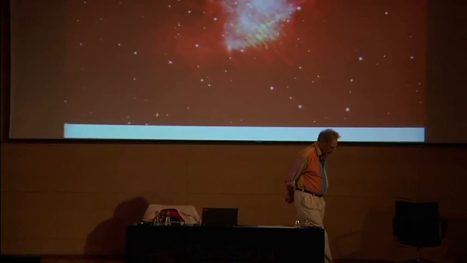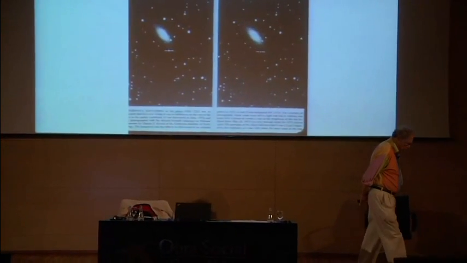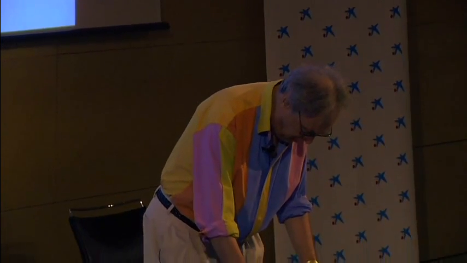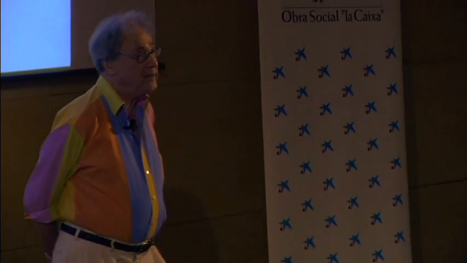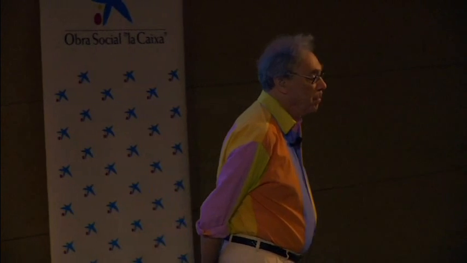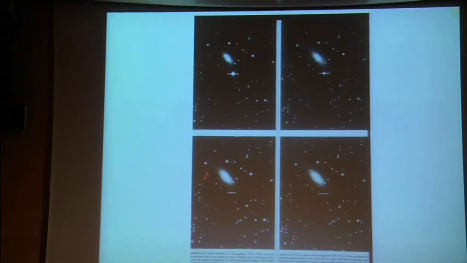The next slide shows you a galaxy. The galaxy has, of course, a name, like all galaxies. This one has the name NGC 5253, 10 million light years away from us. So the light that you see here was emitted 10 million years ago. And here you see a supernova in that galaxy.